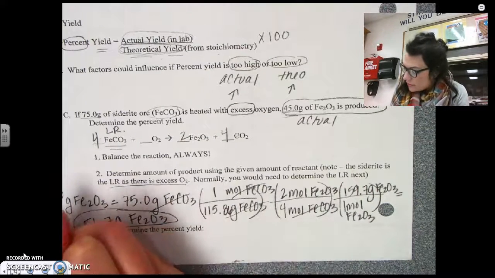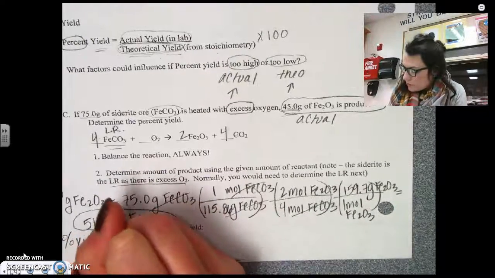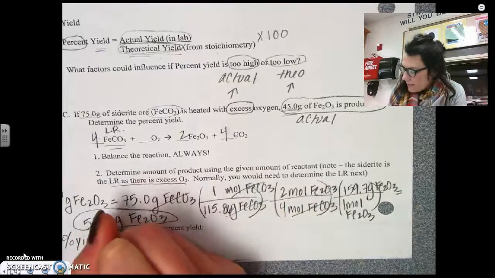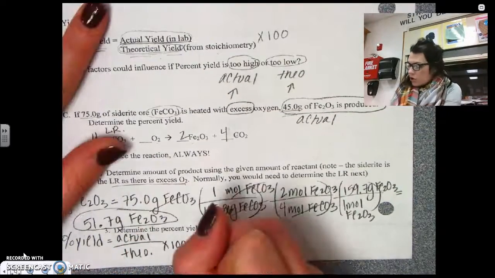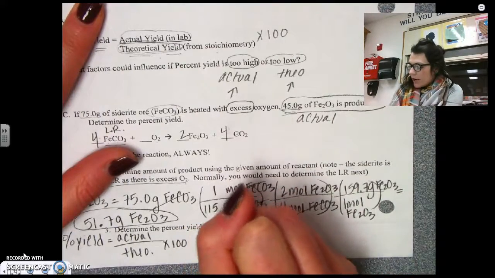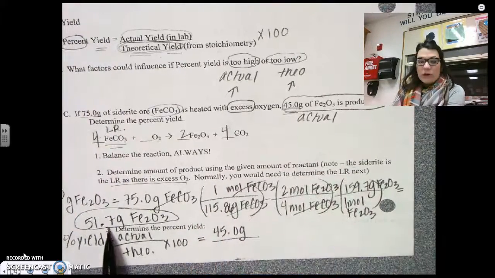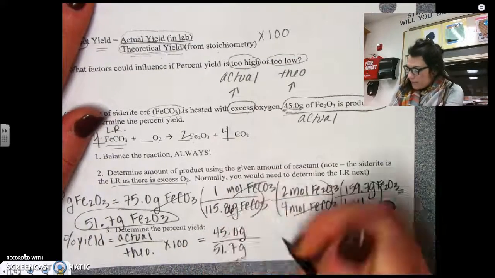So percent yield is going to be equal to actual divided by theoretical times 100. Okay? So in the lab, I actually created 45 grams. I theoretically should have created 51.7 grams.